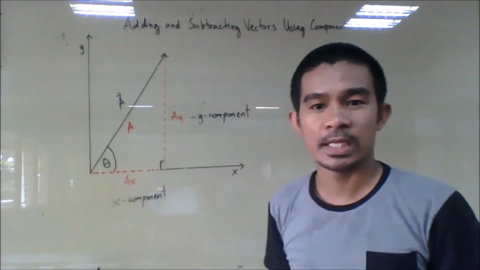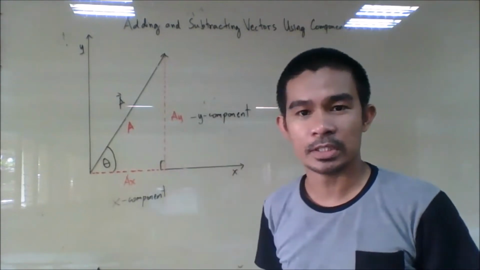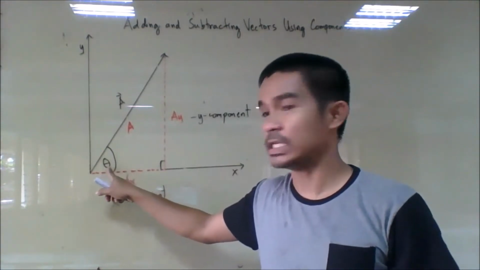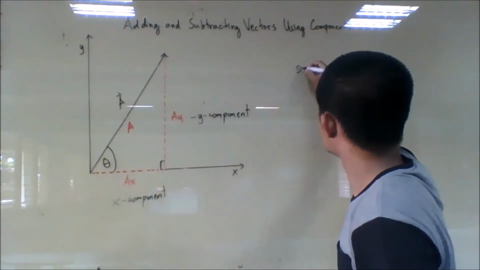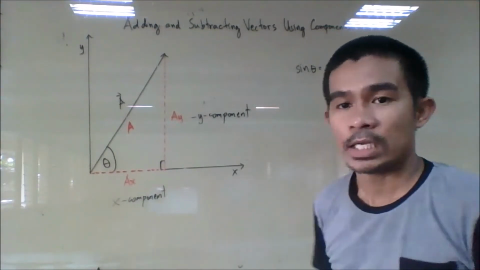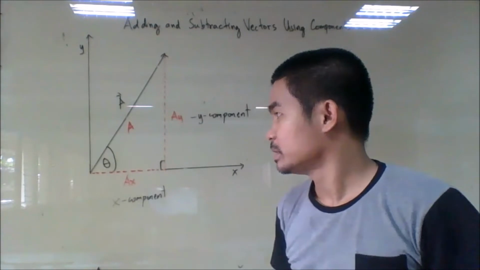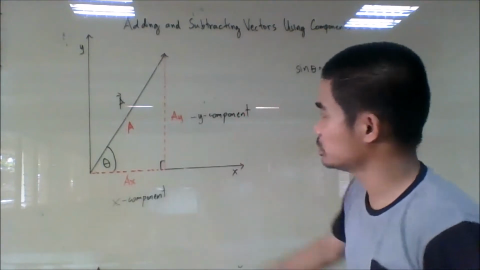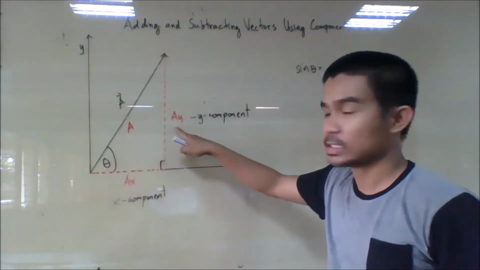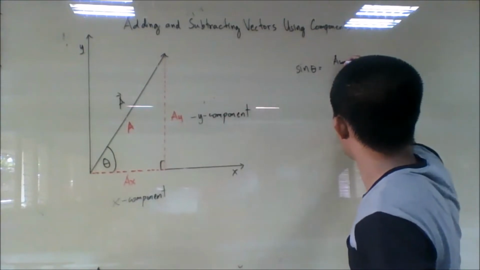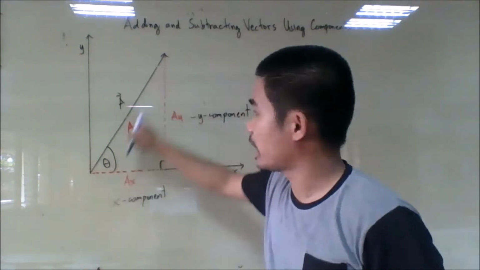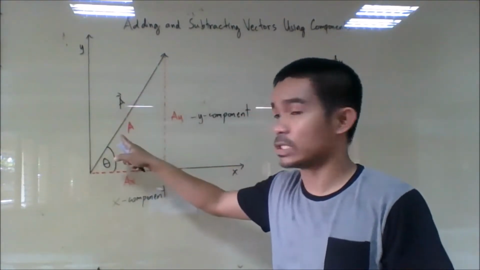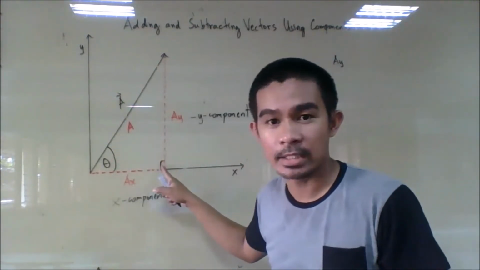So how can we determine the magnitude of the y component? By getting the sine of this angle, theta. The sine of angle theta, the non-right angle of a right triangle, is equivalent to the opposite side, which is Ay, over the hypotenuse, the longest side of the right triangle, or the side opposite the right angle.